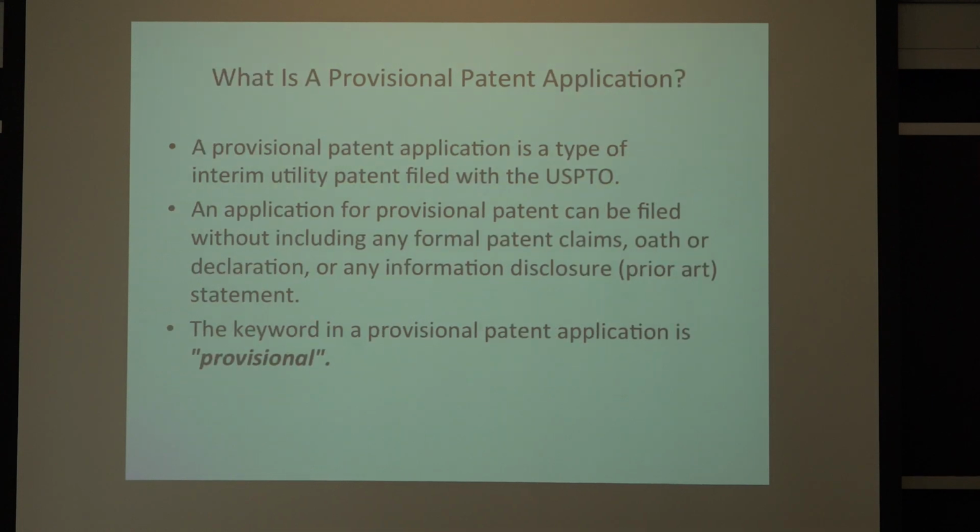All right. So a provisional patent application is a type of interim utility patent filed with the USPTO, and it provides that a non-provisional patent can be filed, and in fact must be filed, within 1 year, or your provisional patent rights will be lost.